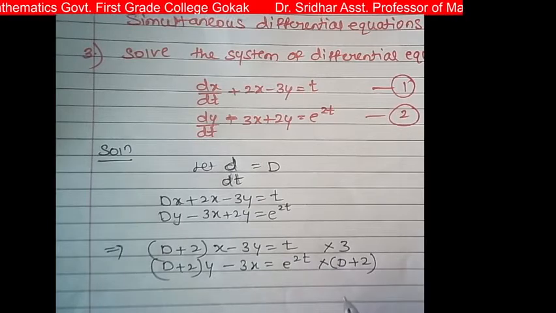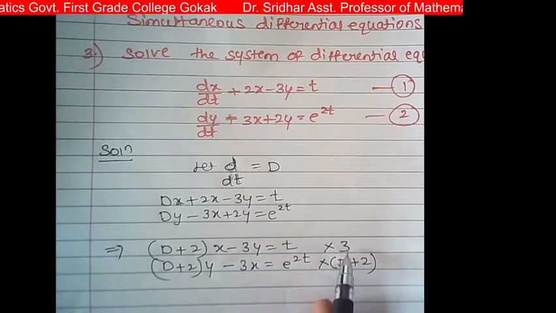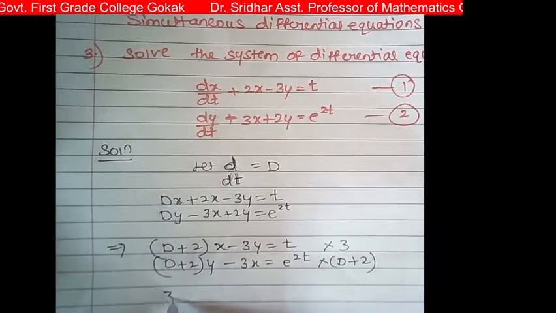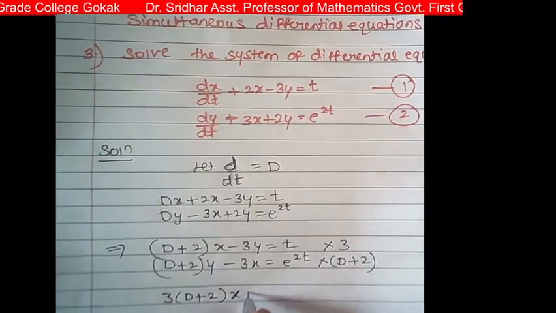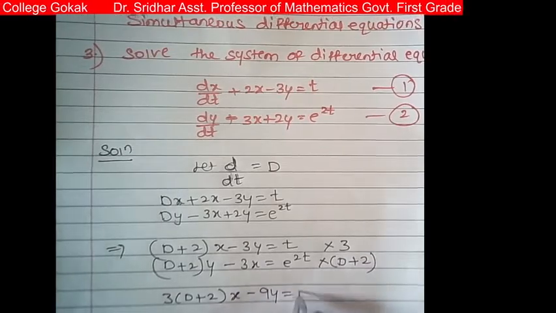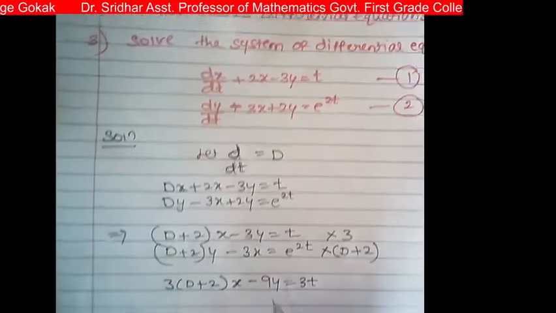right? So when we multiply the first by 3, the equation becomes 3 into (D plus 2) x minus 9y equal to 3t.